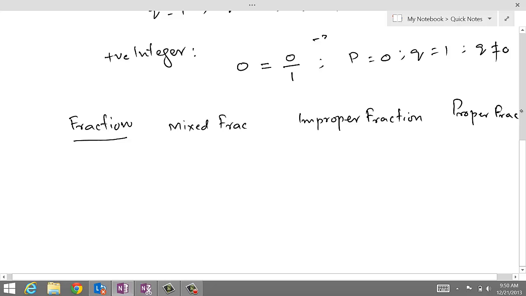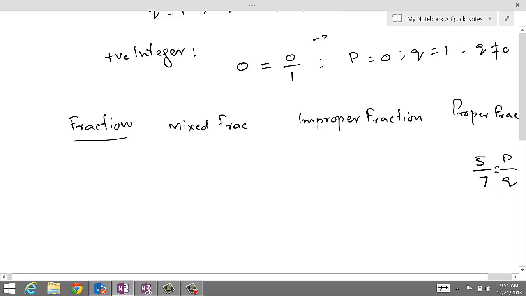If a given fraction is a proper fraction like 5 over 7, proper fraction means a fraction which has numerator smaller than the denominator. So this is already in the form p over q because here p is equal to 5 and q is equal to 7, and q is not equal to 0.